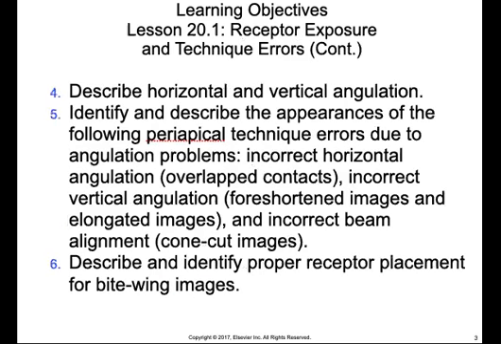We'll also describe horizontal and vertical angulation and identify and describe the appearances of the following periapical technique errors due to angulation problems. So this is incorrect horizontal angulations, incorrect vertical angulations, and incorrect beam alignment. And then we'll describe and identify proper receptor placement for bite wing images.